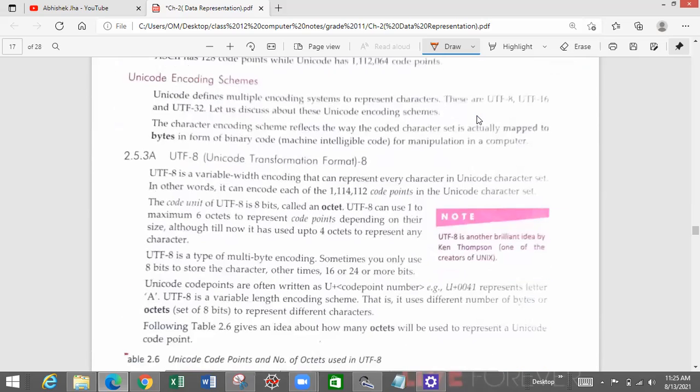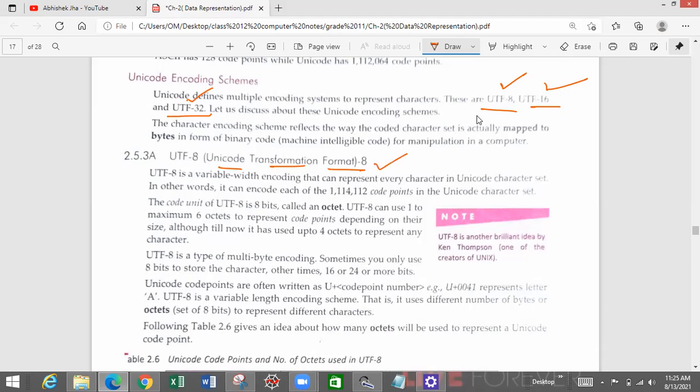So Unicode encoding schemes come in different flavors. We can have UTF-8, UTF-16, UTF-32. UTF means Unicode Transformation Format. So this is basically the Unicode representation of code in either 8-bit, 16-bit, or 32-bit representation.